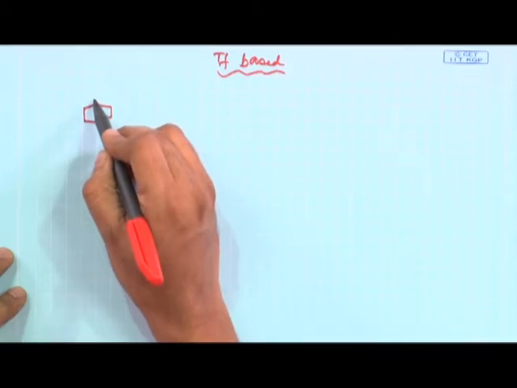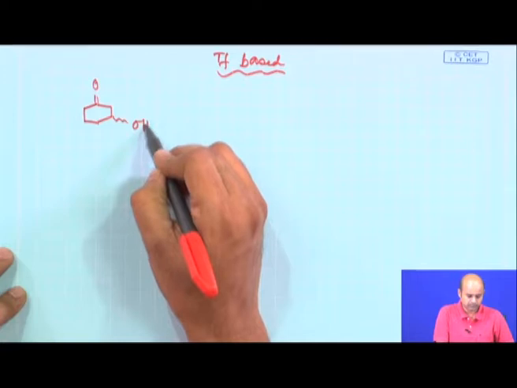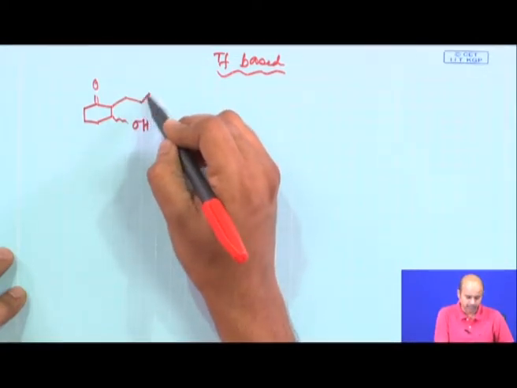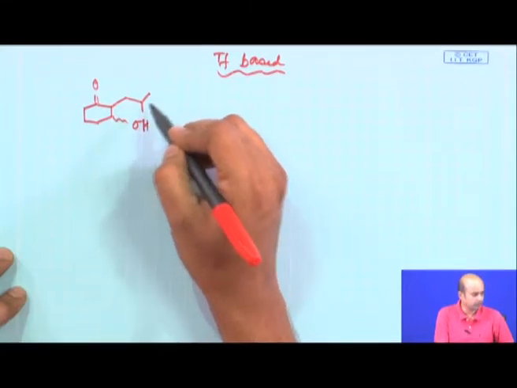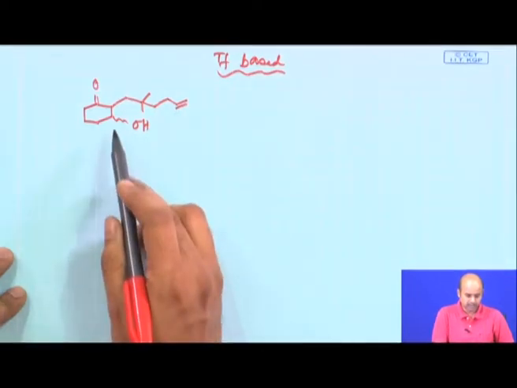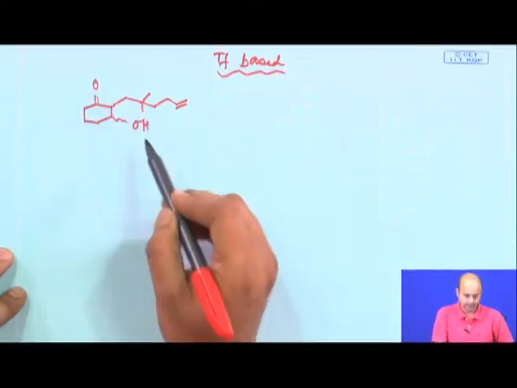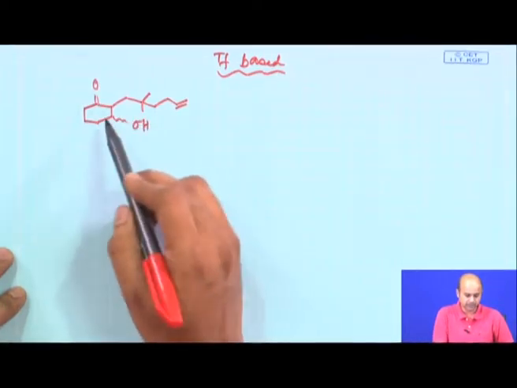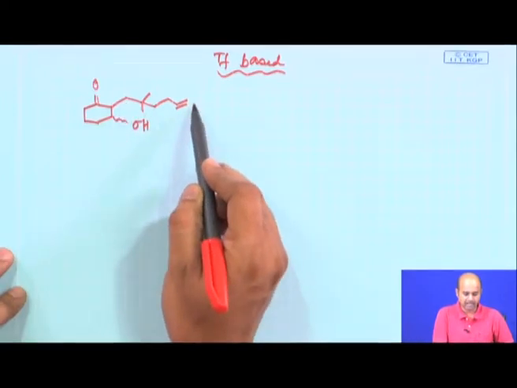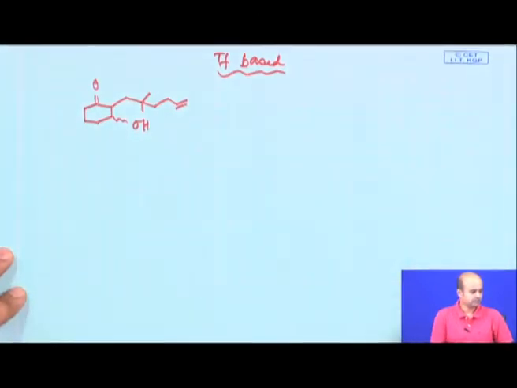Here I will give you a problem whose structure is something like this. It has a cyclohexanone-based ring, with a carbonyl functionality at one end and a hydroxy functionality, and in between it has a long-chain alkyl appendage at one end and a pi unsaturation.